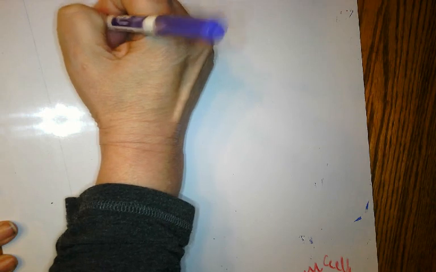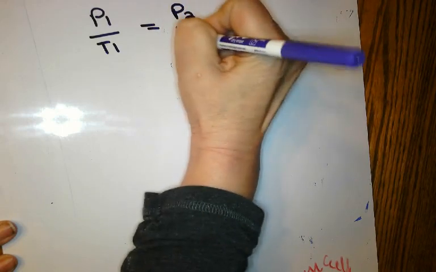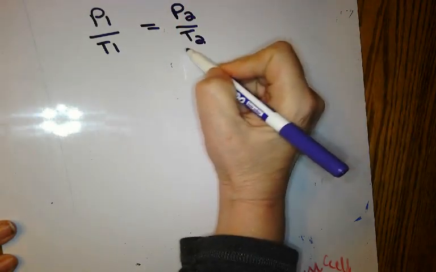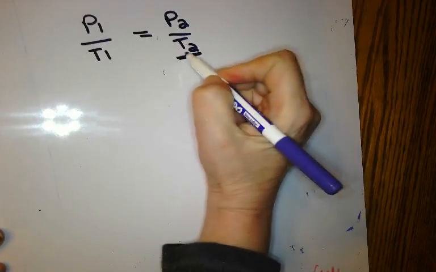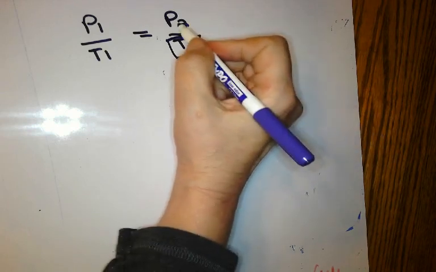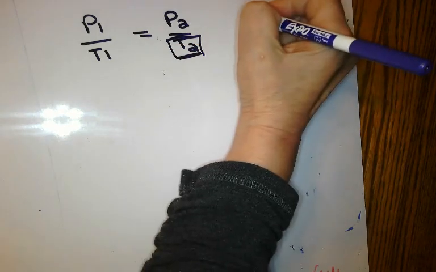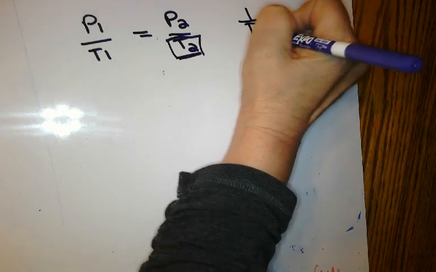Okay, so let's say that we have our P1 T1 equals P2 T2, and we want to solve for T2 down here. Now, a lot of people just rearrange everything, but your T2 is still on the bottom. So if I've got rid of my P2 and put it over here, you would be solving for 1 over T2.